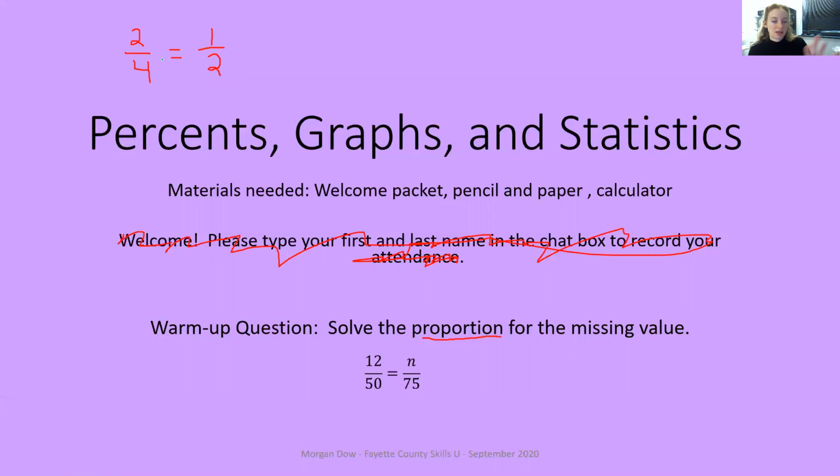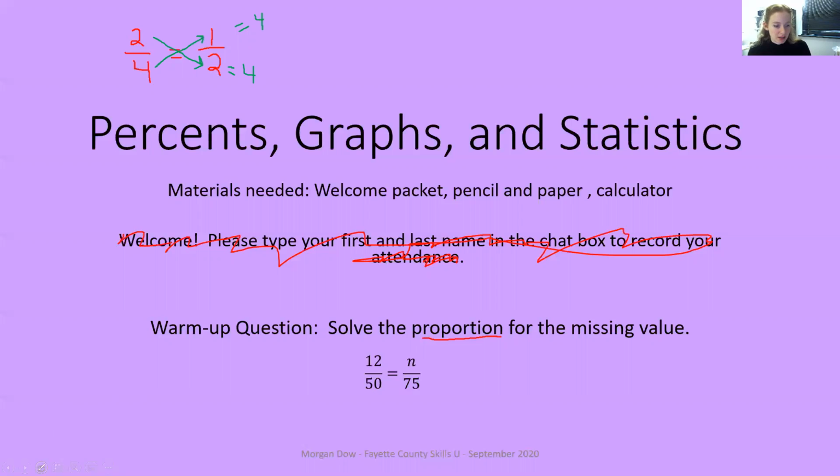Let's look at this example up top. 4 times 1 is 4, and 2 times 2 is also 4. So that's another way we know that this really is a proportion. We can use that characteristic to help us solve proportions for missing values.